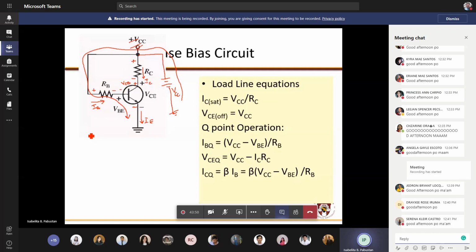Simulan natin dun sa VCC. Kung ako, what I'm doing is kung saan siya pumapasok, it's up to you, kung anong gusto niyo, kung saan lumalabas yung arrow. So, negative VCC plus IB RB. Remember, I'm writing a voltage equation. Negative VCC plus IB RB plus VBE equal to 0.